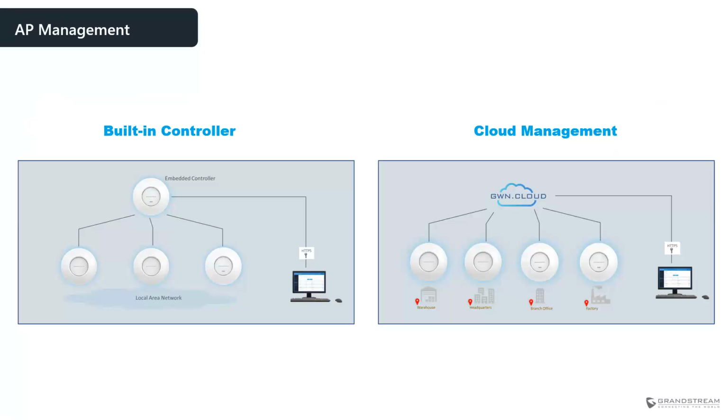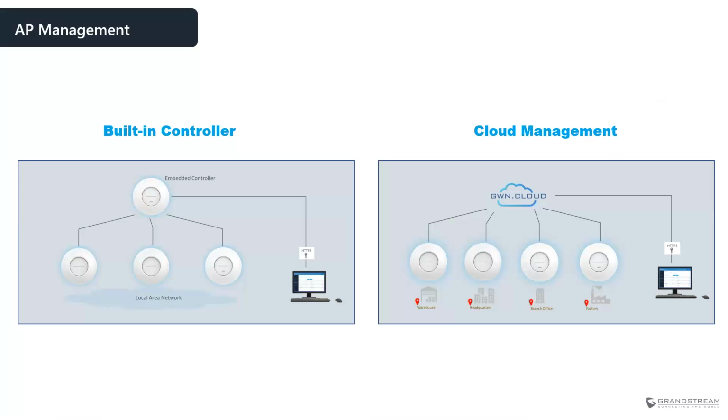The local management can be done via the built-in controller that is available on all the GWN access points. Basically, you just choose one of the access points and use it as the controller of all the other access points in the same local area.